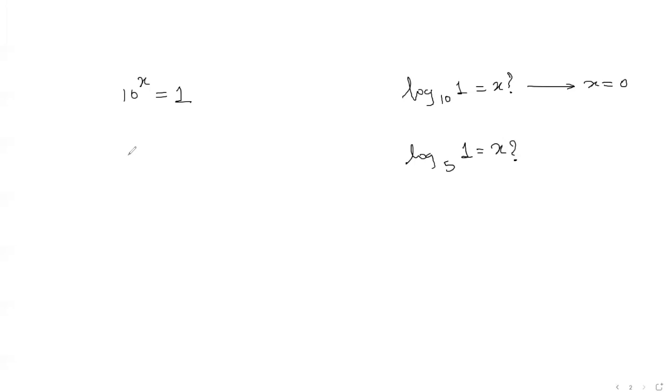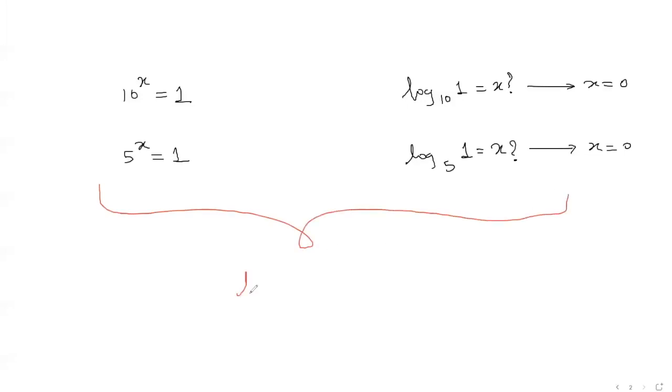Once again, write in the exponent form, you will see 5 to the power x is equal to 1. And here also, x has to be 0. Now, what do we learn from here? The very important point to be noted here is when you take log of 1, it doesn't matter what is the base, the answer will always be 0. So log 1 is 0. I want you to remember that.